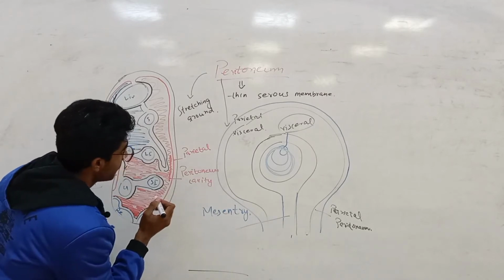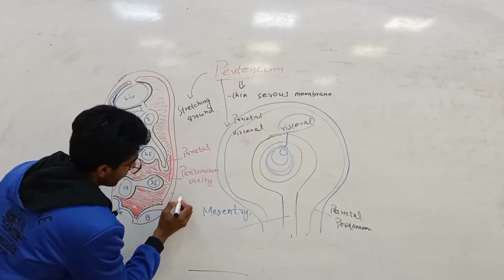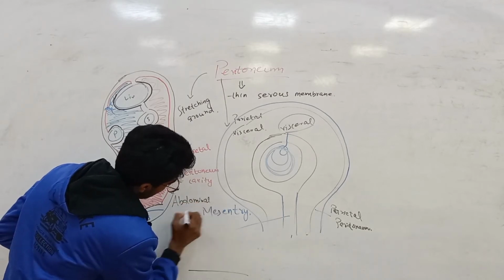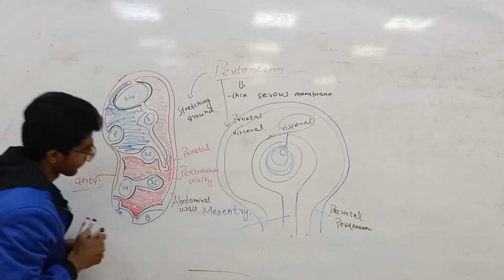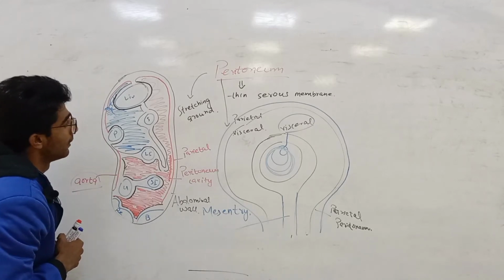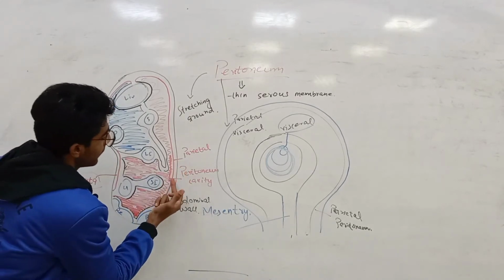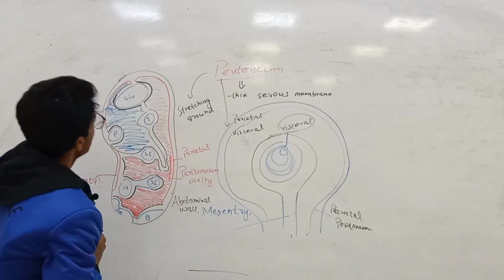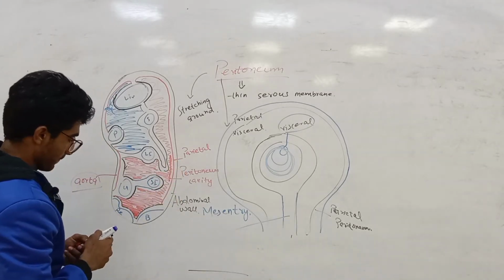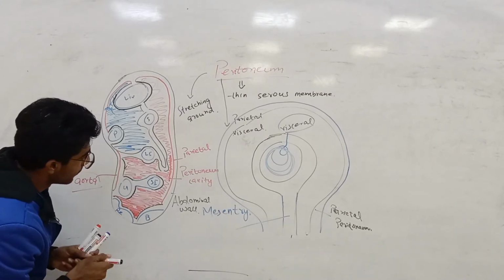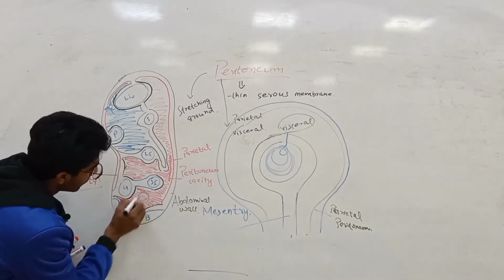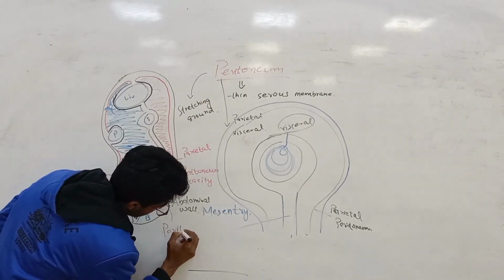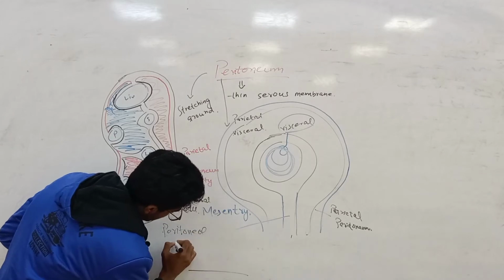After the peritoneal cavity, there is the abdominal wall. Visceral layer, peritoneal cavity, parietal layer, abdominal cavity, and there is a fluid which is peritoneal fluid.